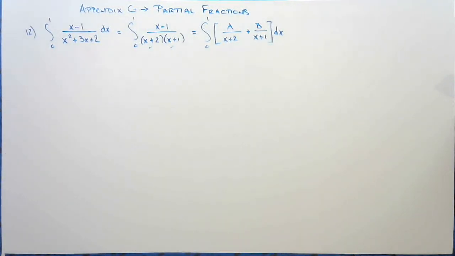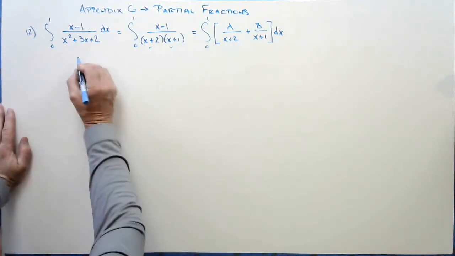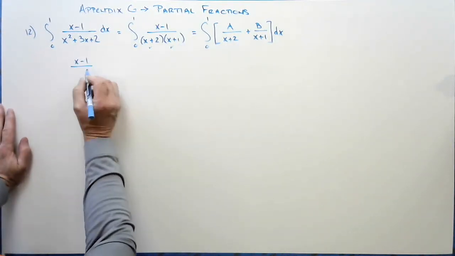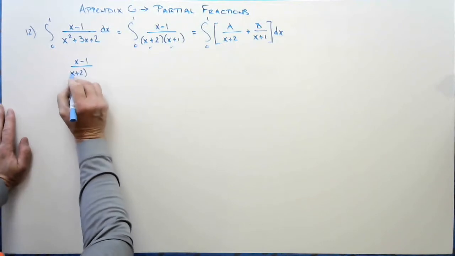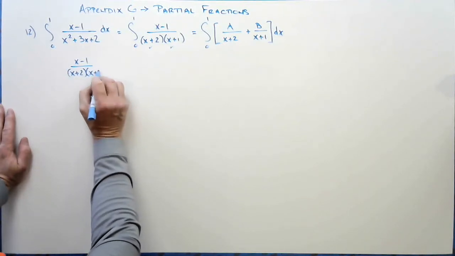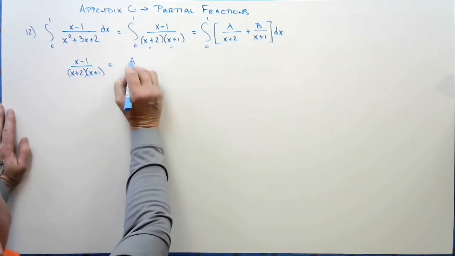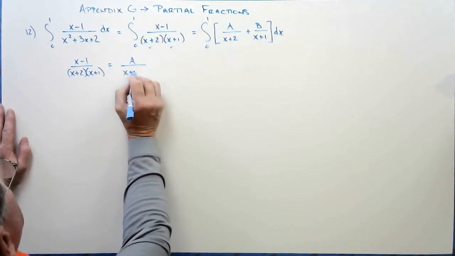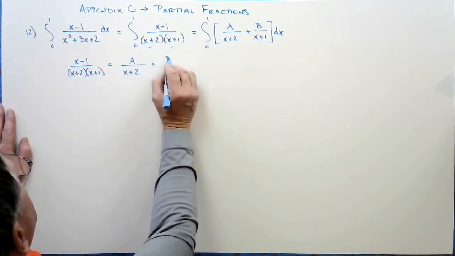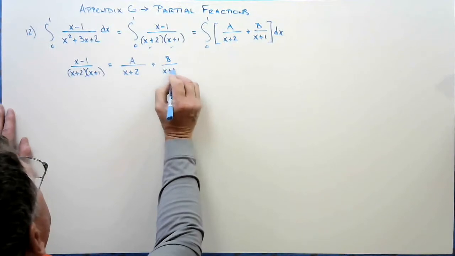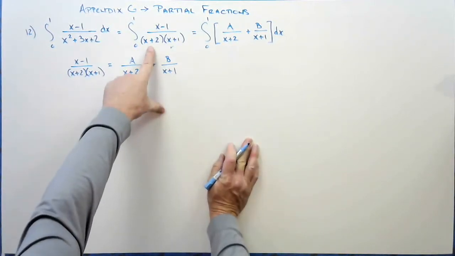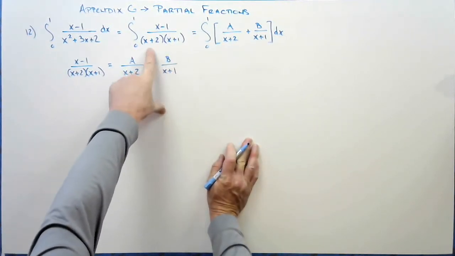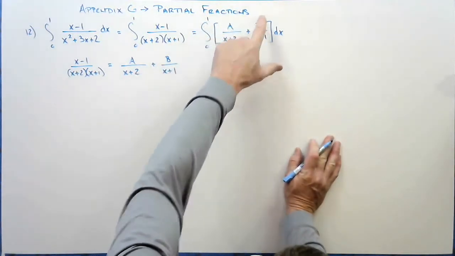Now I'm going to drop the integration for now. I'm going to just do the partial fraction work, and we'll come back and plug it into the integral at the end. So where do we go from here? If we just rewrite our partial fraction, remembering that since these are linear factors in the denominator, the numerator is going to be a constant.